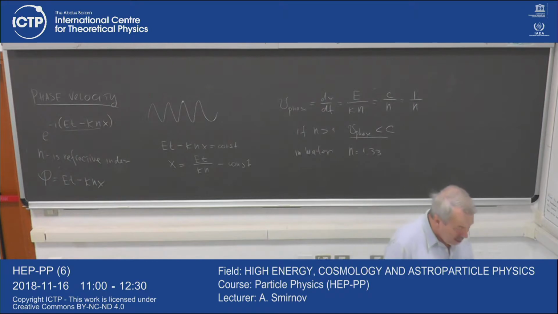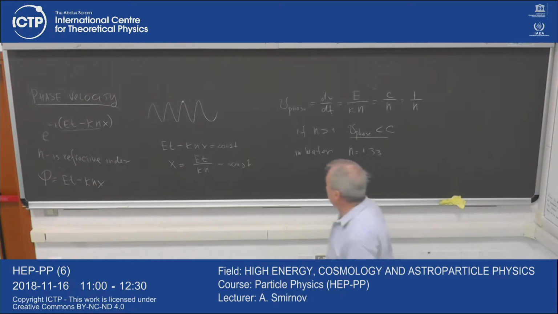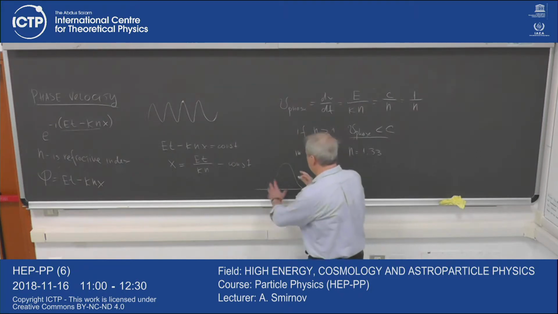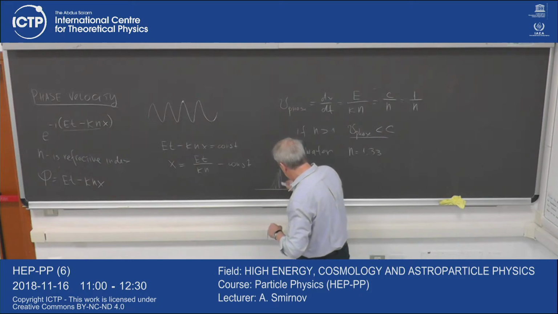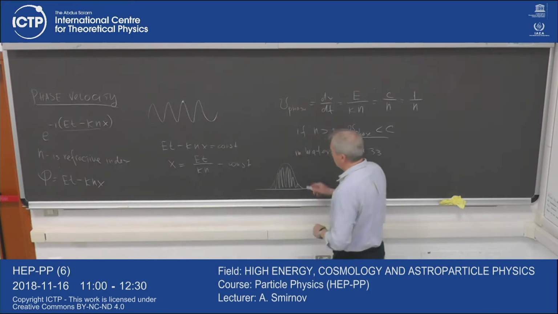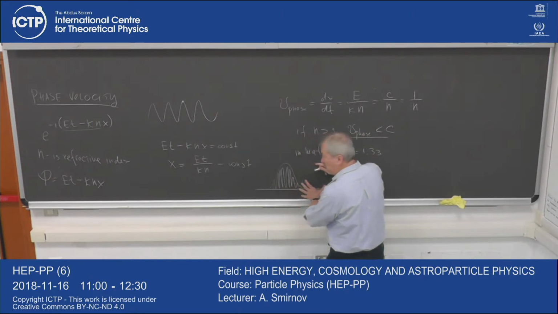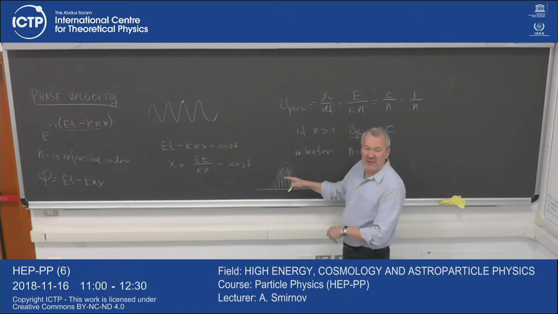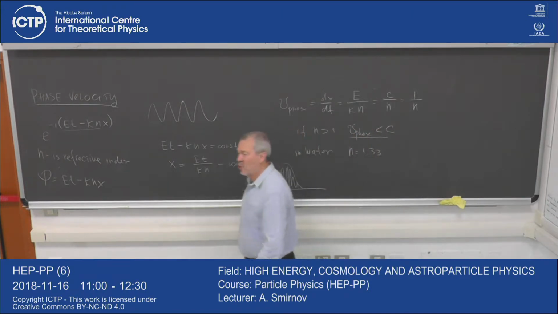Now let me explain how this coherent front is formed if a particle moves faster than the phase velocity of light. By the way, you have a wave packet, which is a superposition of many plane waves. You can easily imagine a situation where the wave packet moves with one velocity, but the oscillatory pattern inside this wave packet moves with another velocity, moving slower than, let's say, the maximum of the wave packet.